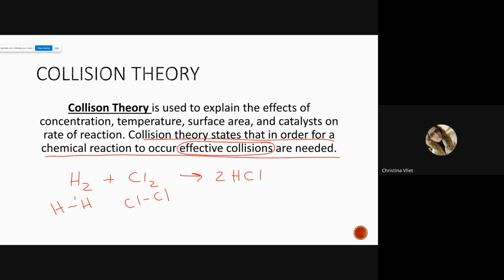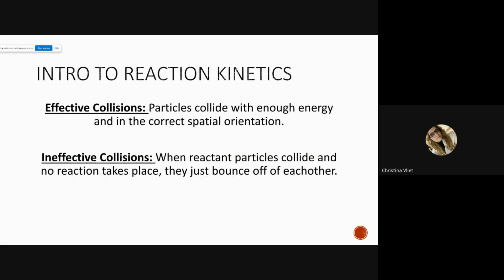They have to collide, but it has to be effective, meaning when they collide, they meet, they're now together. An effective collision. So, I'm going to go ahead and describe what that actually means. An effective collision is one where your particles collide with enough energy going in and the correct spatial orientation, meaning facing the other molecule in the right way, so that the correct atoms will connect to each other to make products.